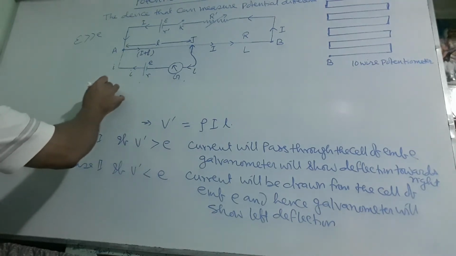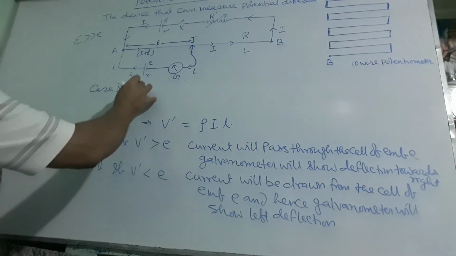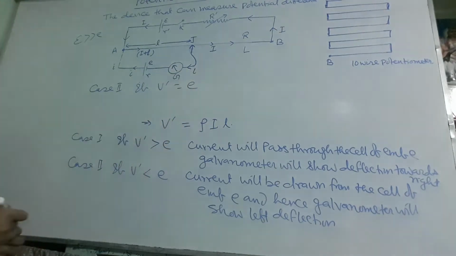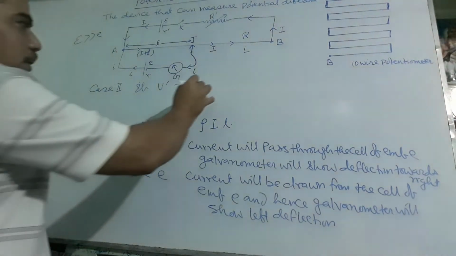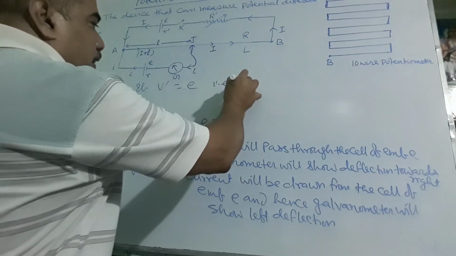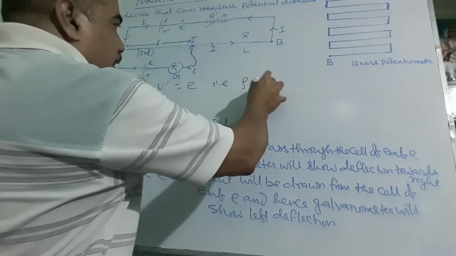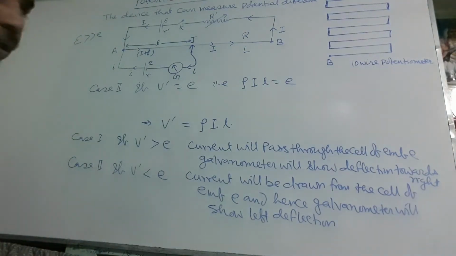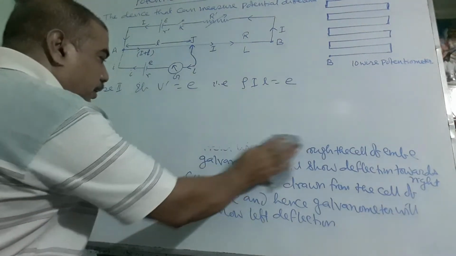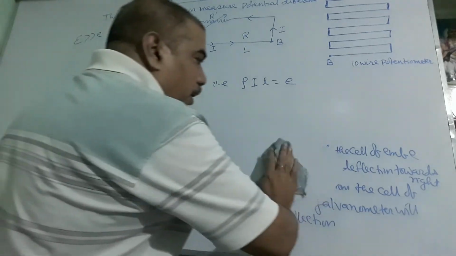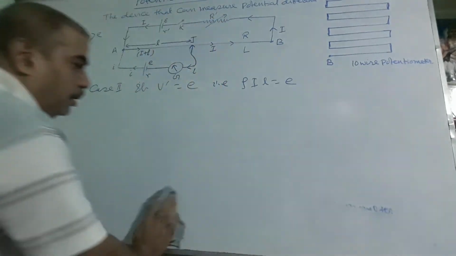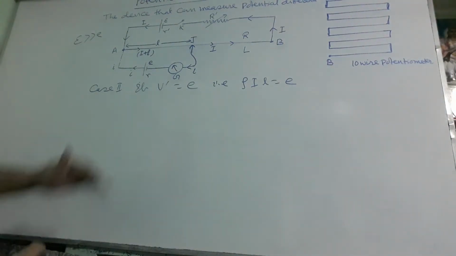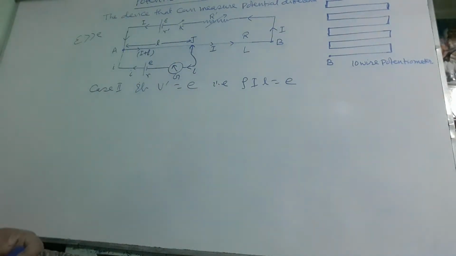The third case is V dash equal to E. That is, this rho I L is equal to E. In this case, the current will neither be drawn from the cell, the smaller one, nor will current pass through this cell.